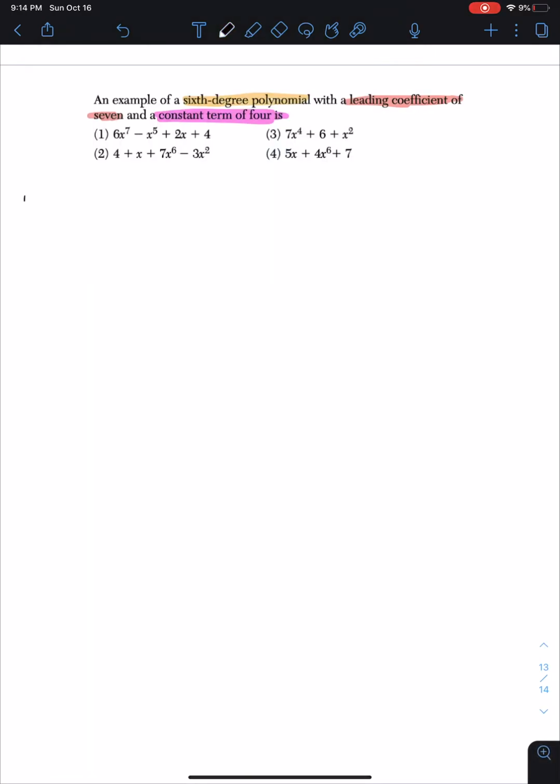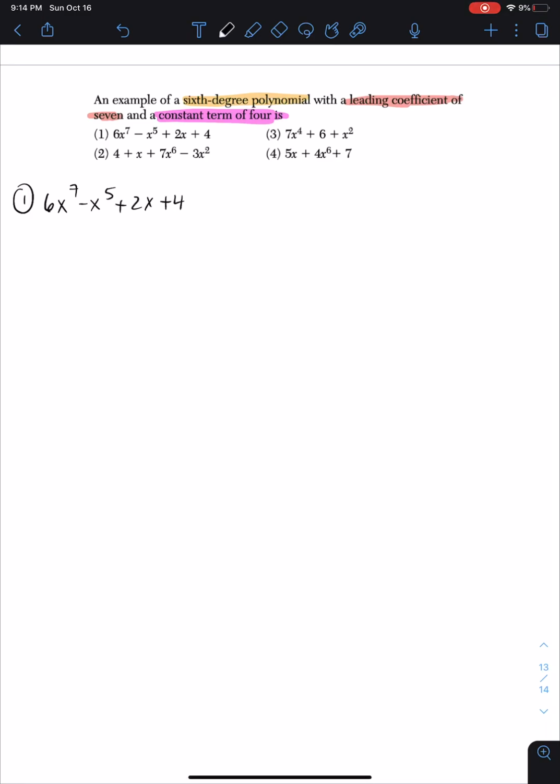So in this problem, let's put all of our options first in standard form. In standard form, that means we're going to order them with the highest degree first and then down to the lowest degree with the constant last. In option 1, I'm just going to rewrite it. We have 6x to the 7th minus x to the 5th plus 2x plus 4.